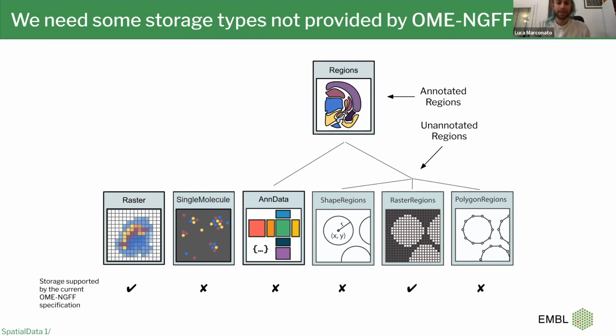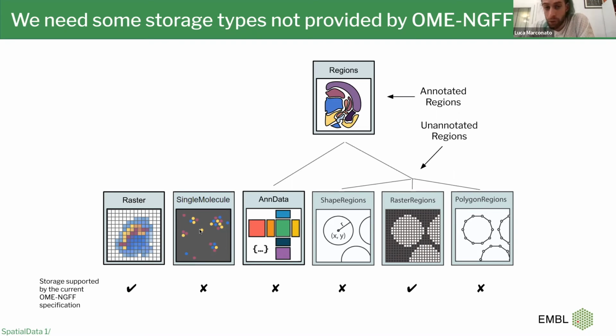The annotation is simply a non-spatial data object, and the geometrical description can be done in different ways. So here I'm showing you that if you want to represent some circles, you can have a center and a radius. You can have a raster set of masks, a rasterized version of this circle, or you can have some polygonal description. And among all these building blocks, the raster and the raster regions are supported by OME-NGFF already.